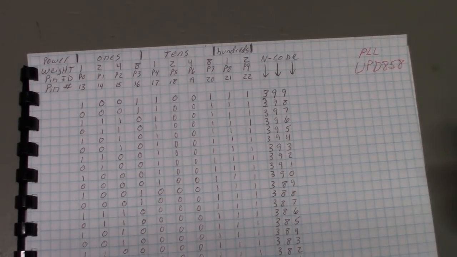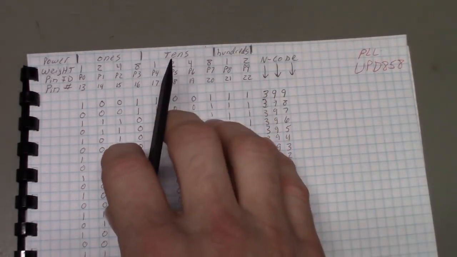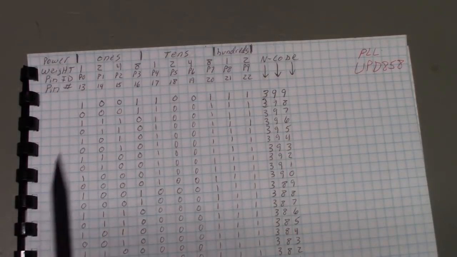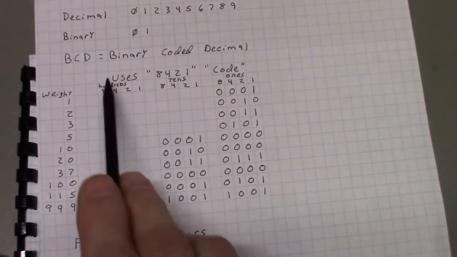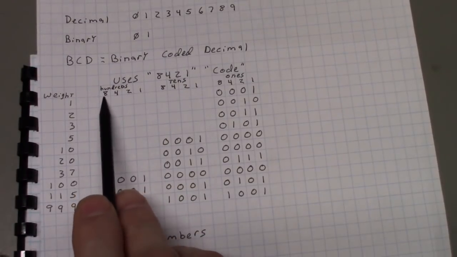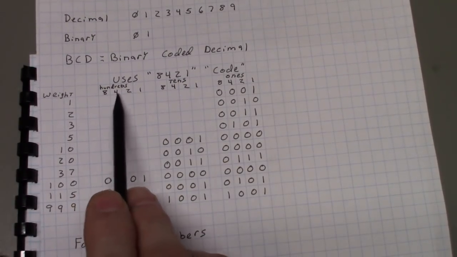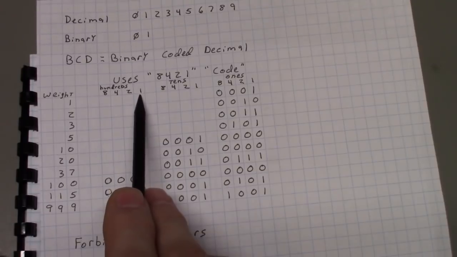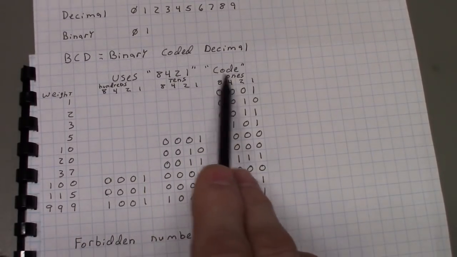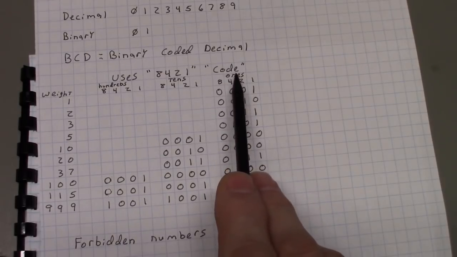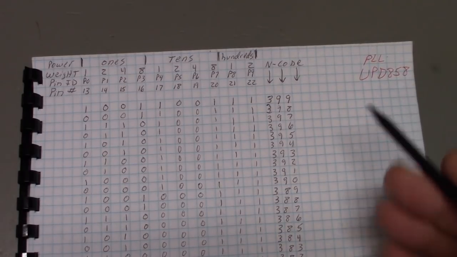Like I say, BCD is normally written most significant to least significant digit in both the weight of the columns and how the binary numbers are actually represented here, 8421, from most significant to least significant, and then the same thing for the weight of the columns, hundreds, tens, ones, so most significant to least significant column. Again, CB radio, well, they just have to screw with us, so everything's backwards, just like with the PLL02A.